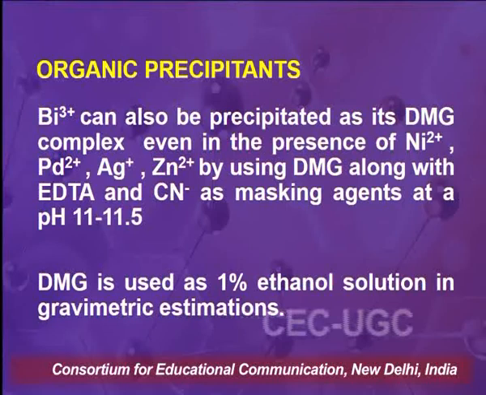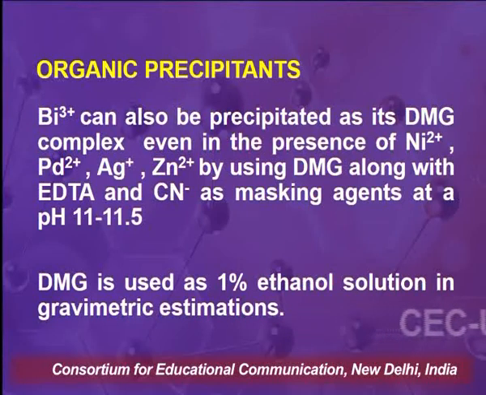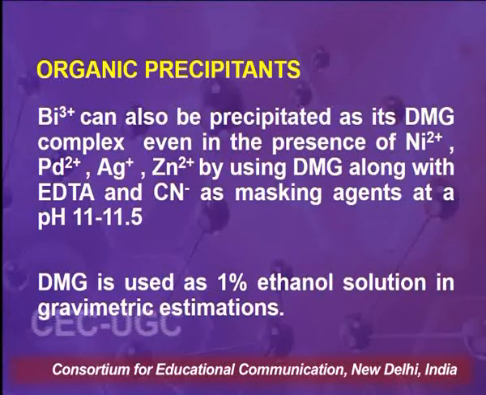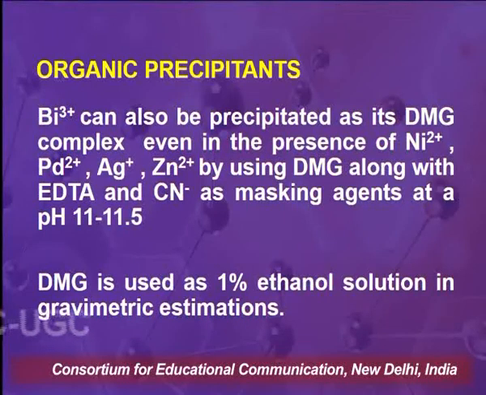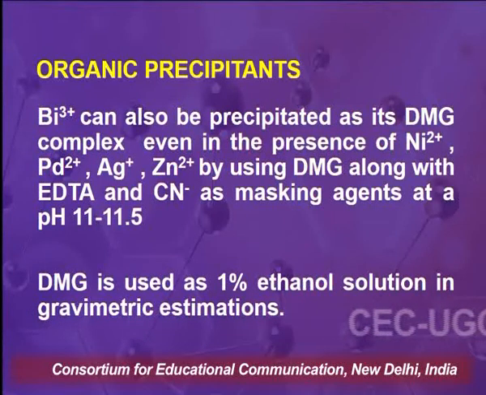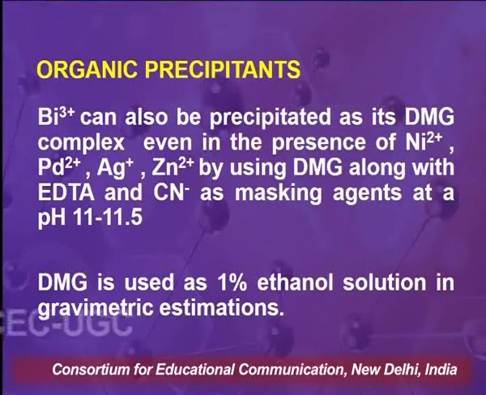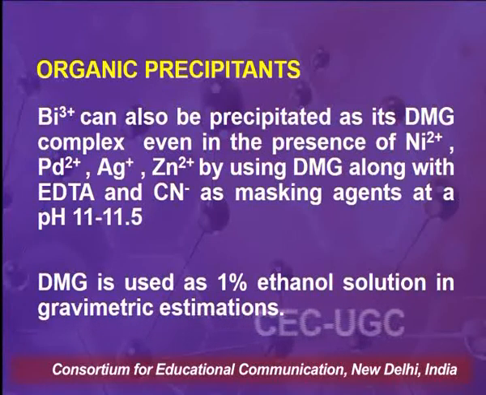So what we understand from this paragraph is that EDTA forms a very good complex with nickel, lead, silver or zinc. So if bismuth ions are present along with these ions in a particular solution, then all these ions, nickel and lead especially, can form a very good complex with EDTA and can be masked by EDTA.